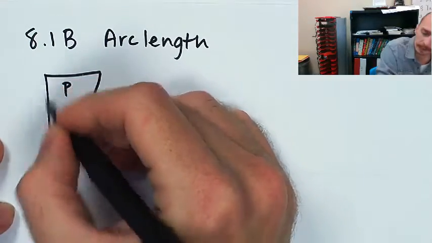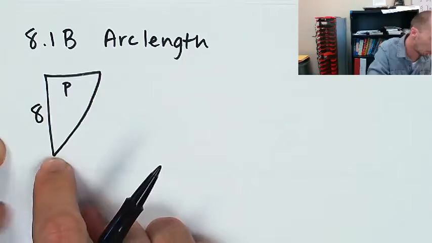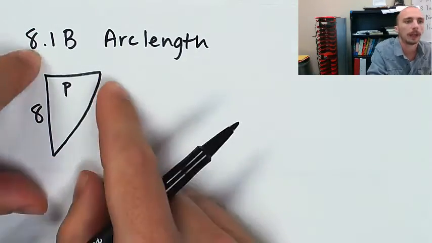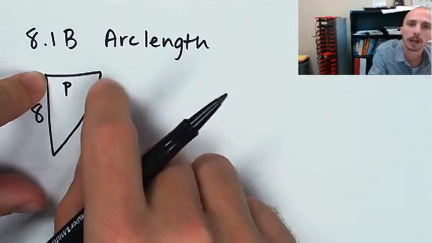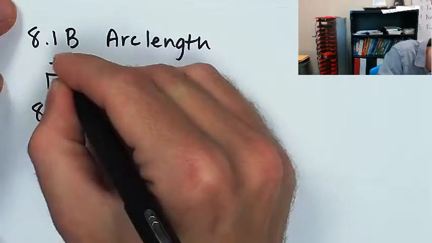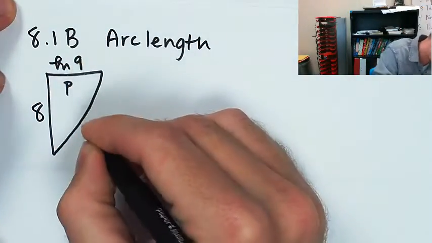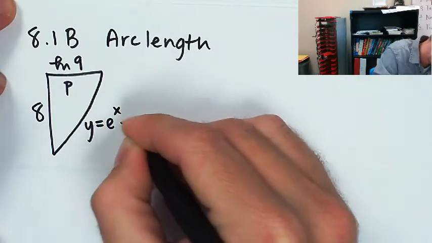This side has length 8 because this is the origin, and that's y equals 8. We determined that this one went from the y-axis to x equals natural log of 9, which means that's the width of that line segment. And then this is y equals e to the x minus 1.